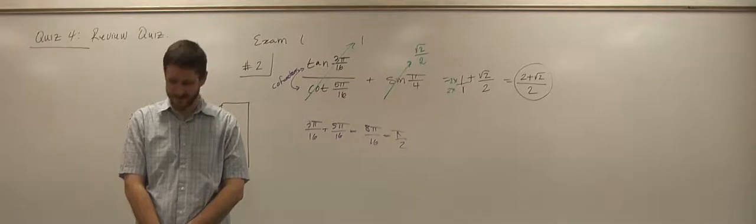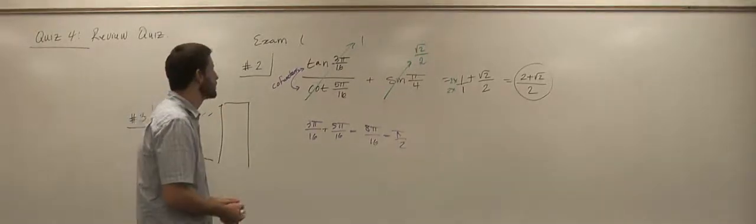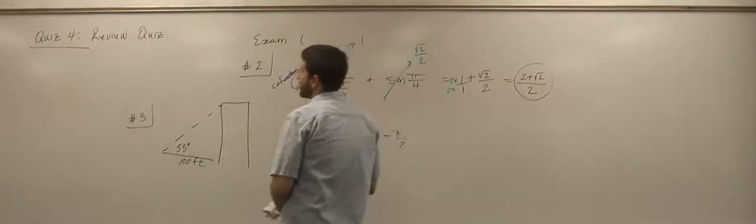Could you just go over the last identity one? It was the secant squared minus cotangent squared minus tangent squared plus cosecant squared.